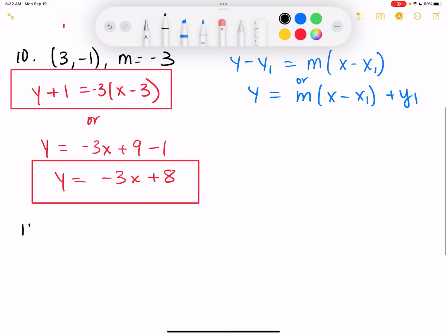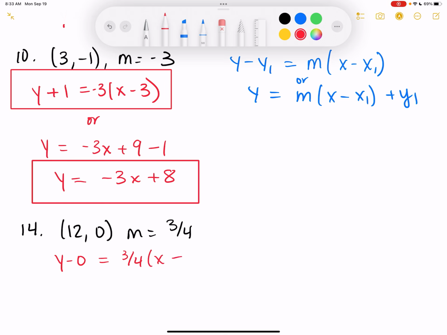Number 14. We've got (12, 0), and m equals 3/4. So tell me what to plug in where, or what the initial equation should be for point slope form. Y minus 0 equals 3/4 times x minus 12.